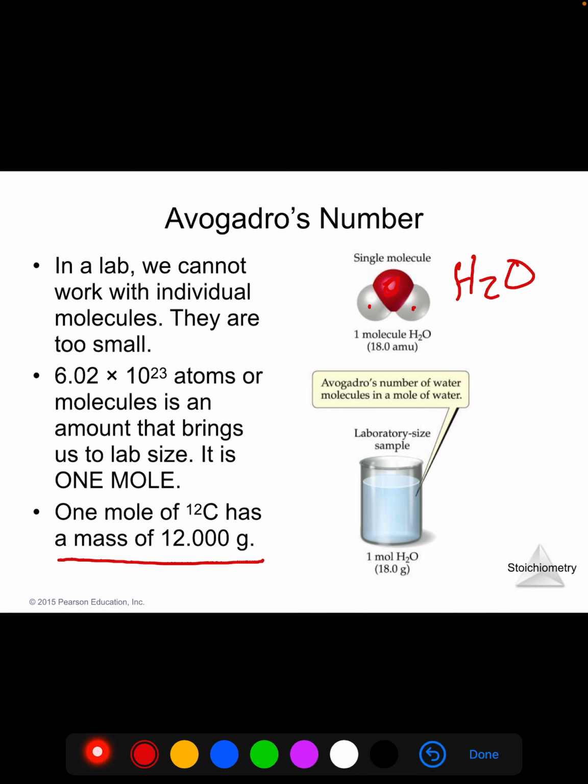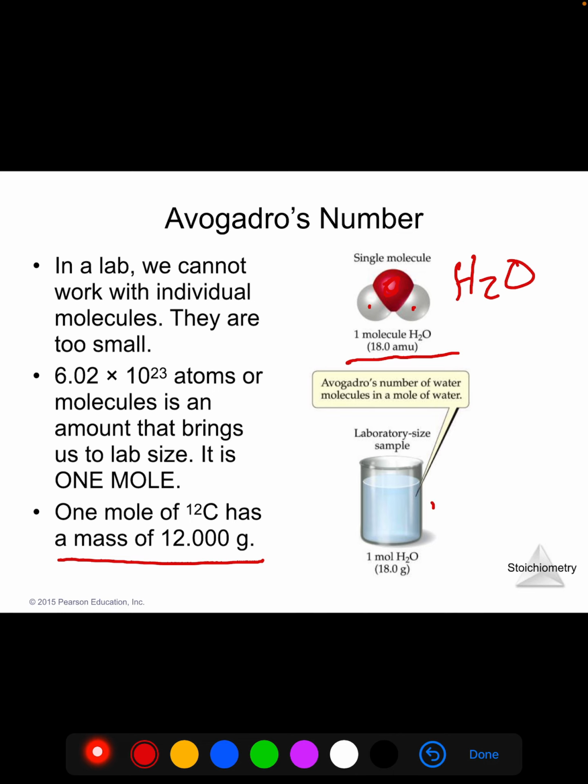I don't have my periodic table in front of me, but for practical purposes, oxygen weighs 16 and hydrogen weighs 1. And so H2O would weigh 2 times 1 plus 16, or 18 atomic mass units. Not very useful.